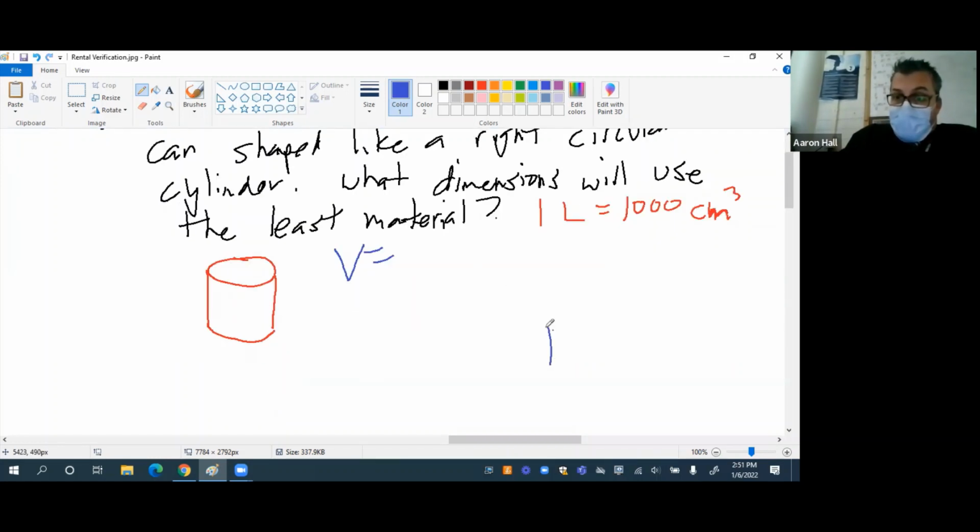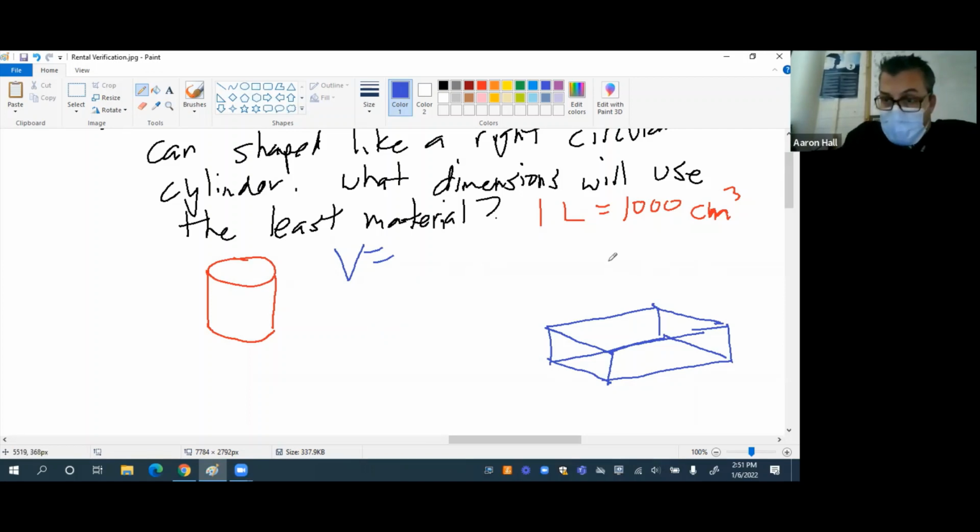Consider something else that might be a little bit more obvious to you when you look at a box. This is a rectangular prism. If I can calculate the area of this base, don't I just multiply it by the height?